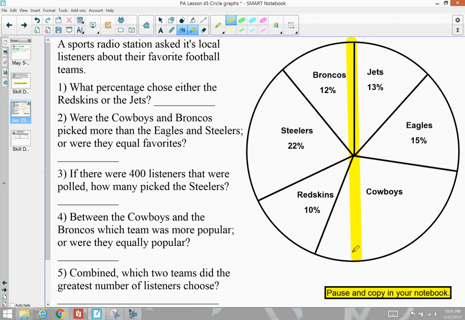We see there are other parts that we have though. Another way that we could interpret data is by trying to figure out 25%. 25% of the whole would be about 1/4 of the circle. And if we see here, the Steelers piece says it's 22%. So that's close to 1/4.